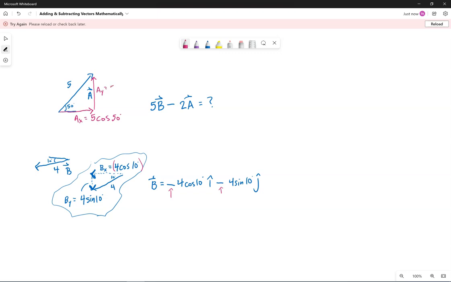The y component we will calculate by 5 sine 50 because it's opposite. So we can write out vector A saying, we know it's positive, so I'm going to just write positive so I know I'm accounting for that direction, and then plus 5 sine 50 because it has a positive y direction.